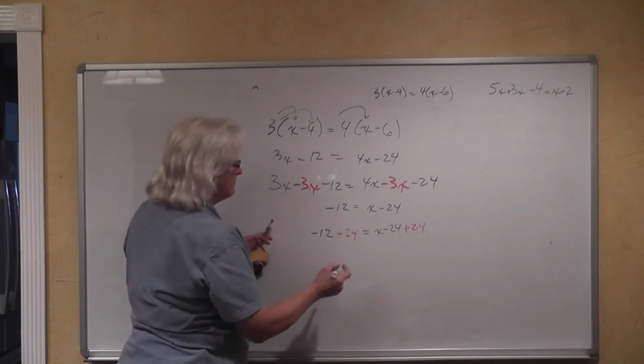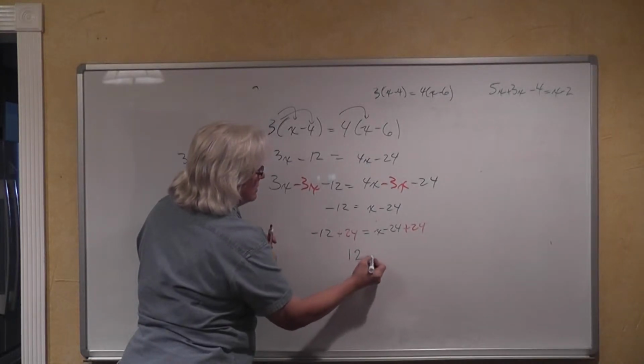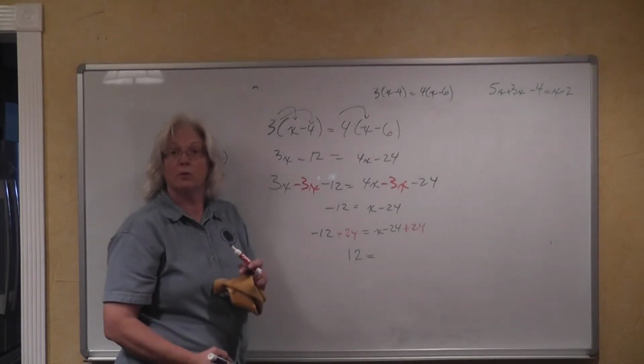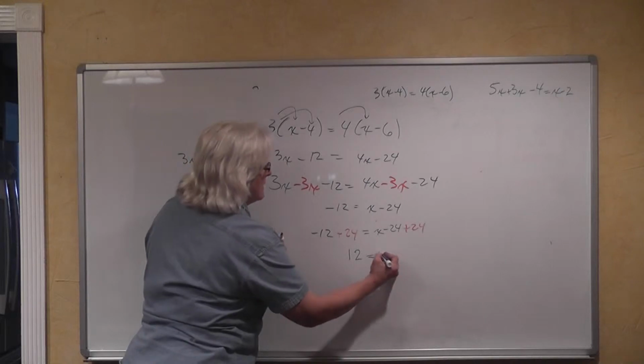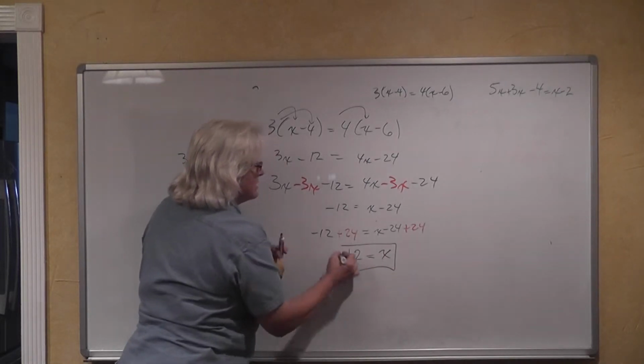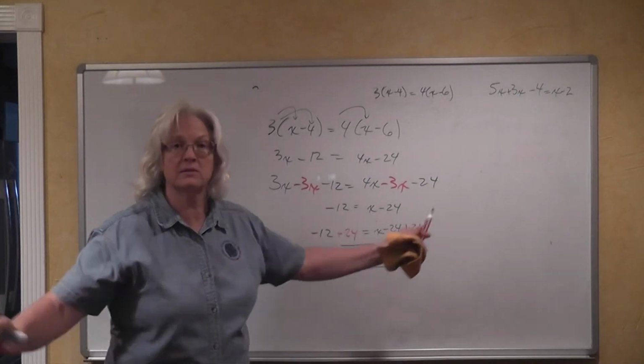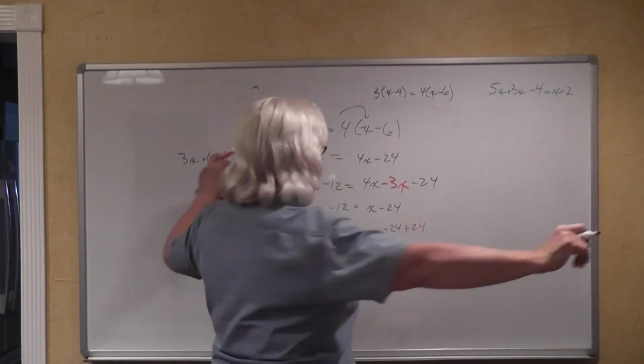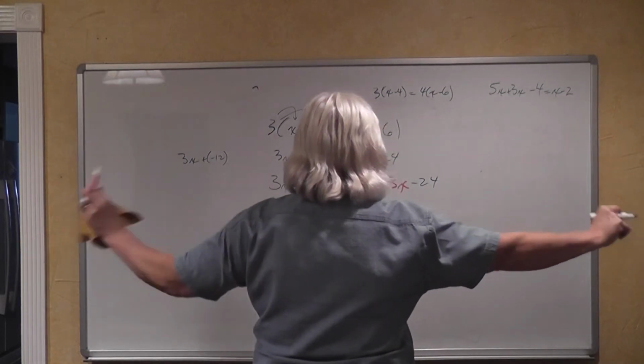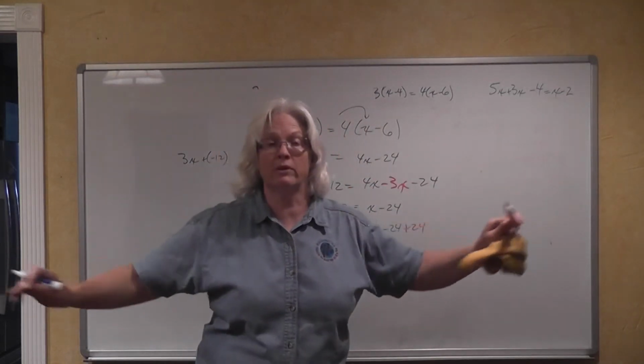Negative 12 plus 24 is 12. Negative 24 plus 24 is 0. So we have x is equal to 12. And you notice I said x is equal to 12 even though it says 12 is equal to x. Seesaws, or equations, have the same value regardless of what order they're in.